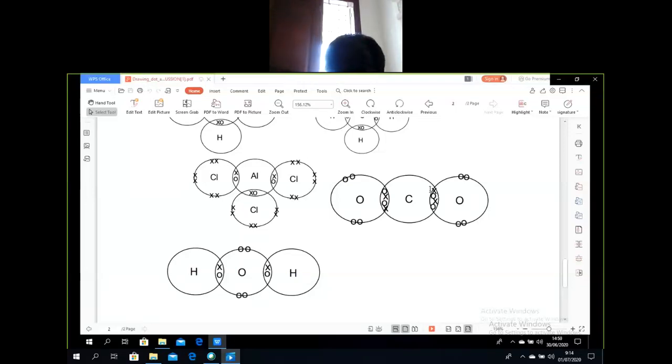Because the overlapping occurs within the same atom, we can count this overlapping as one bond. It looks like it has one bond. Okay, so the shape of this molecule is linear, 180 degrees.